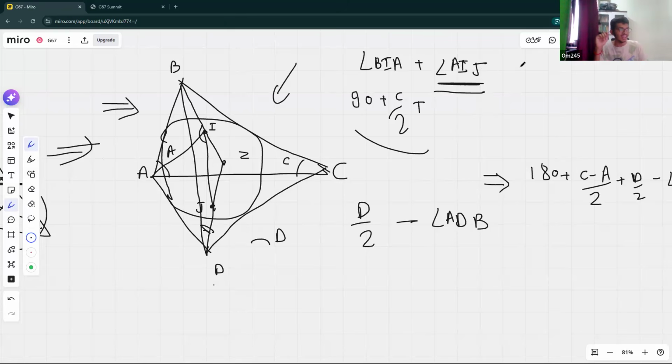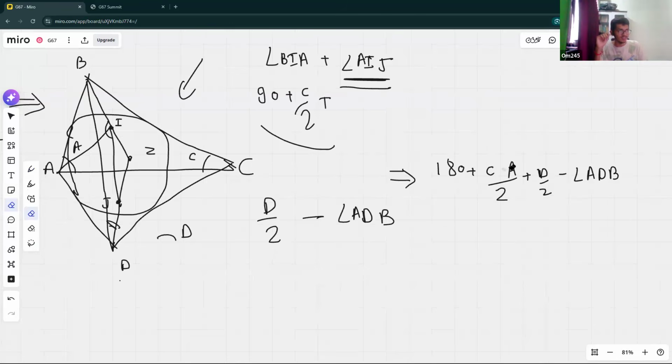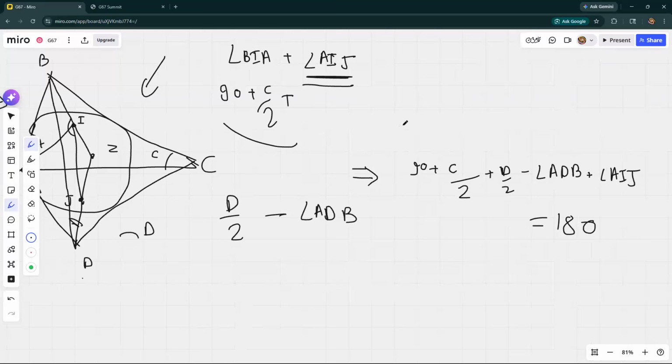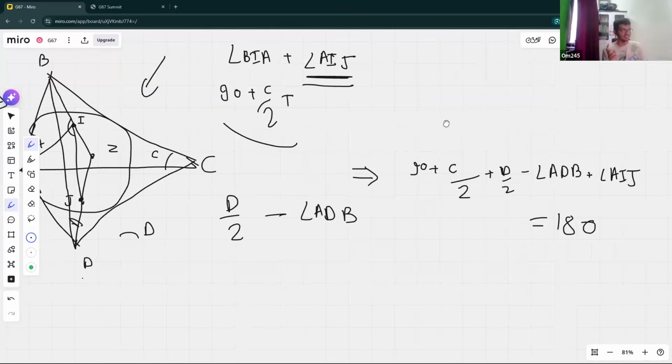So this plus this is equal to 180, plus angle AIJ is equal to 180. Isn't the angle AIJ being there not a good sign? Yes, it is not a good sign.